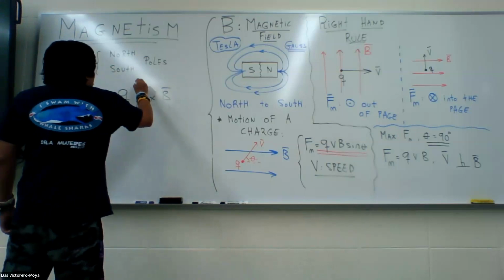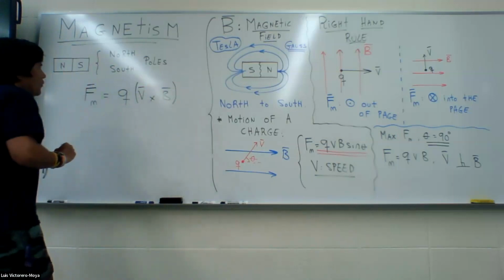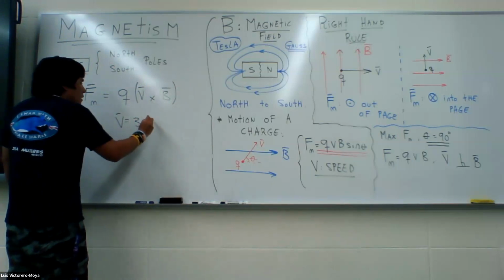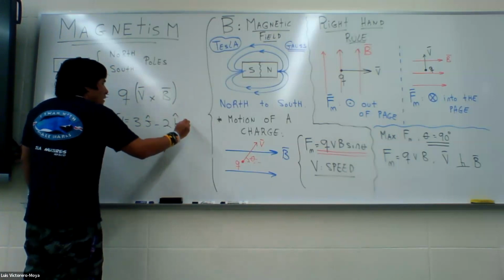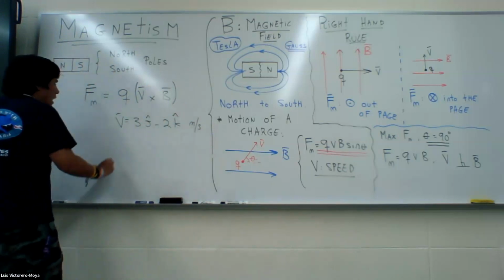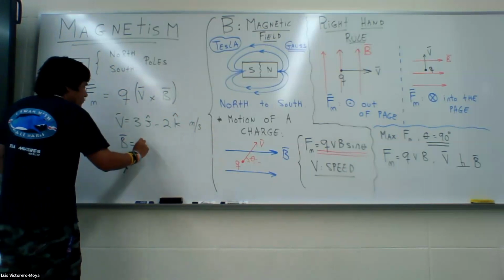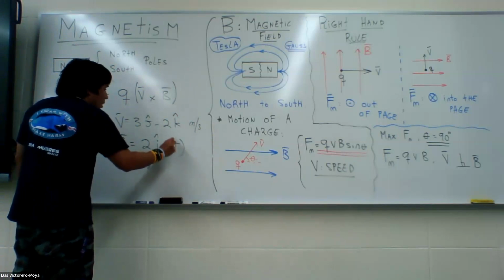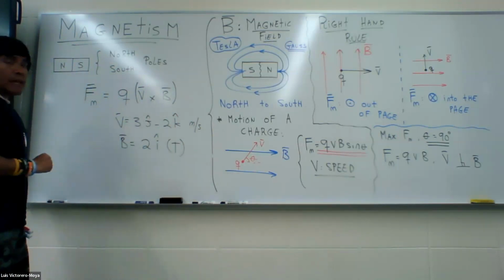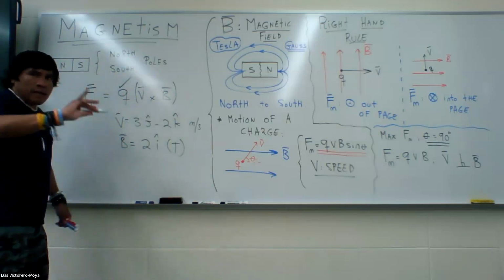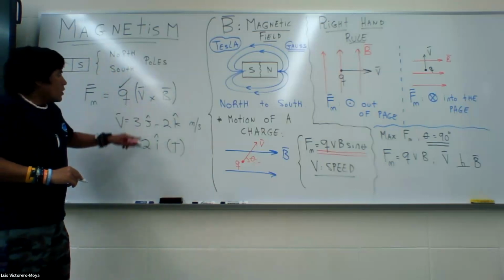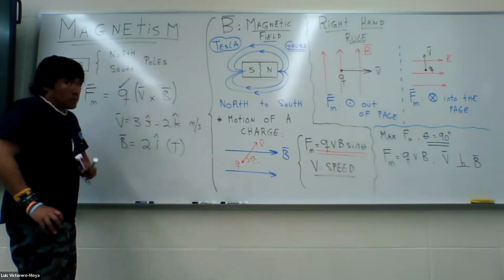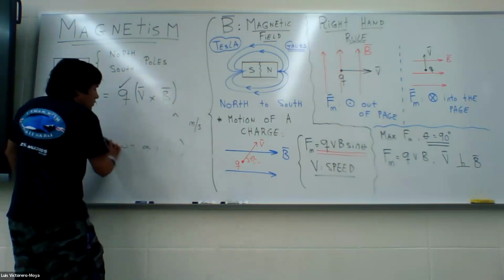Now, this is used if you are given velocity 3J minus 2K meters per second and a magnetic field of 2I Tesla. So that's a lot, but still. So if you're given values like that, well, you know that the charge is a constant, a numerical value. So you have to multiply this. That's not the scope of the course, although you should know how to do this. But that's not what you're going to be seeing.